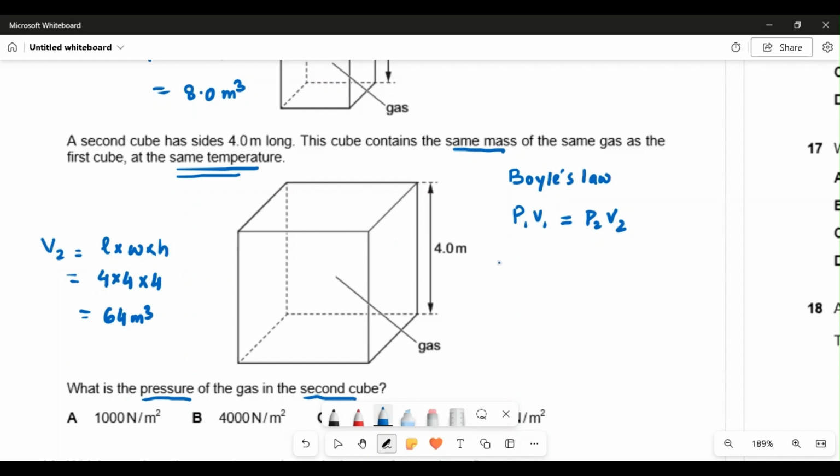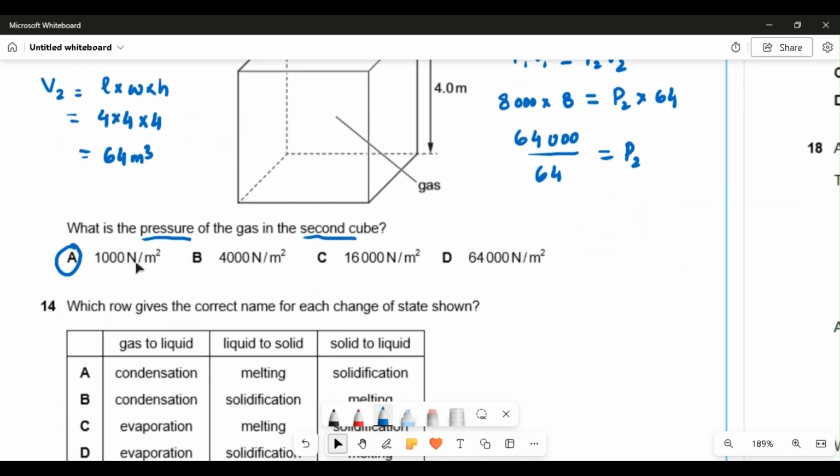So the first pressure was 8,000 times volume 8 is equal to pressure unknown times volume 64. So 8,000 times 8 gives us 64,000, divided by 64 it gives us pressure equal to 1,000 Newton per square meter. That is our option A.